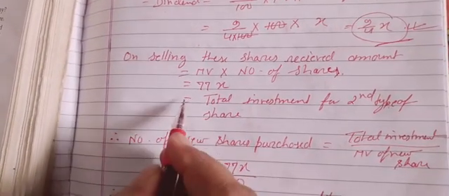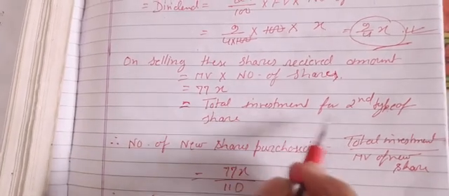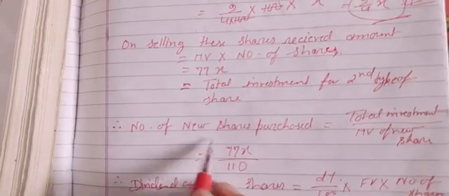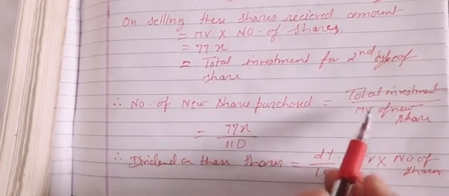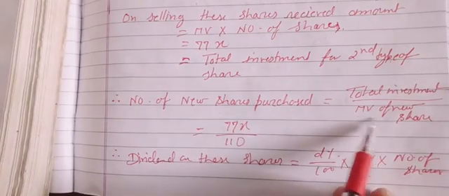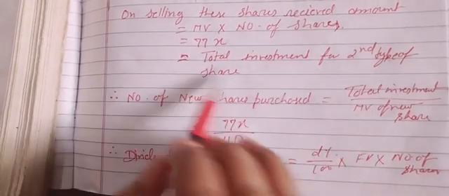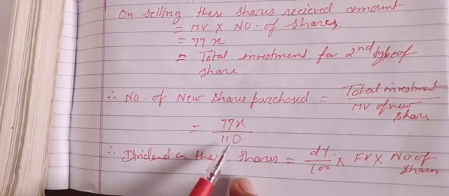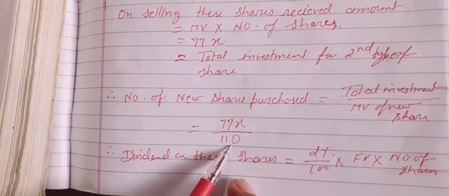So that is equal to the total investment for the second type of shares. Number of new shares purchased is total investment by market value of the new share. Total investment is 77x, and the market value, given in the book, is 110.